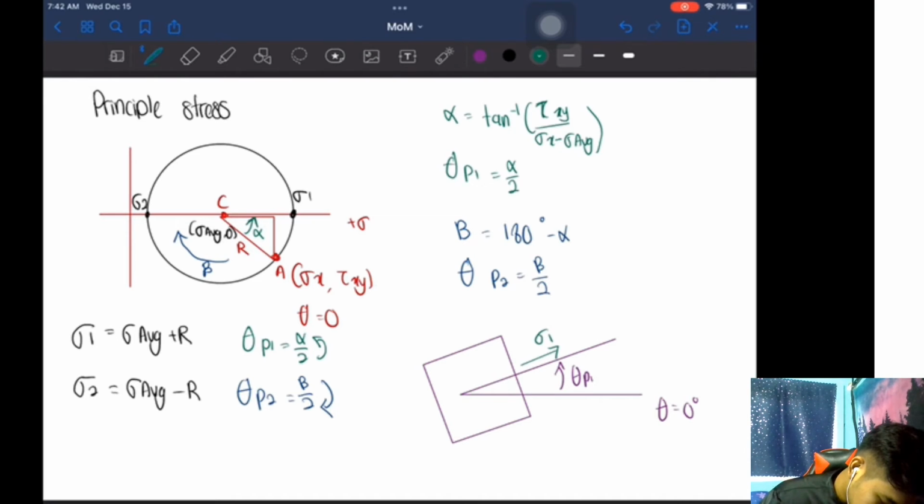So I will have a stress here, sigma 1, and there will be an equal one opposite on the other side. The sigma 2 is also positive, which is 180 degrees from sigma 1 on the circle, so 90 degrees on the element.